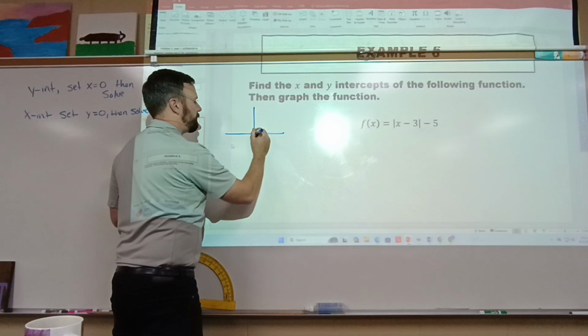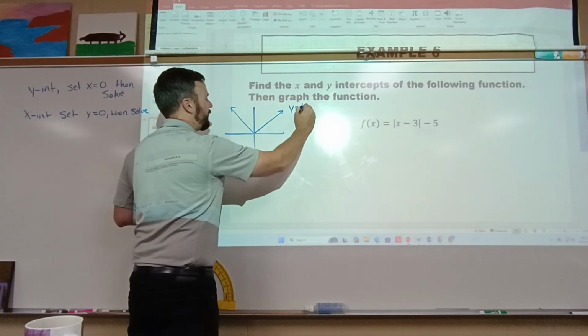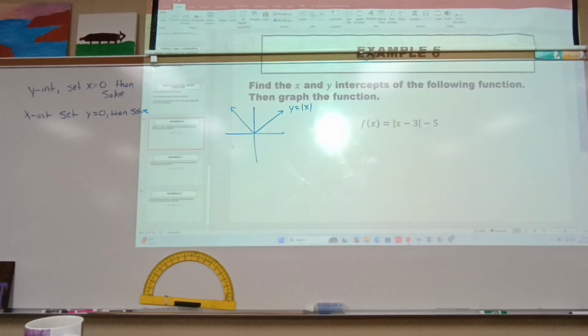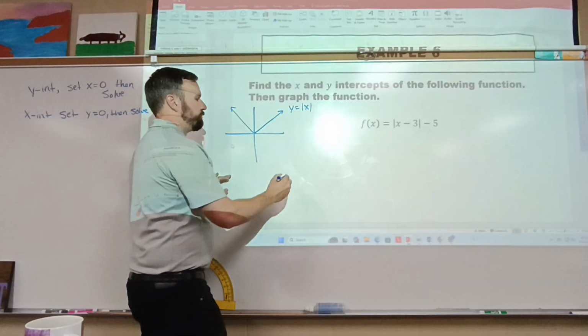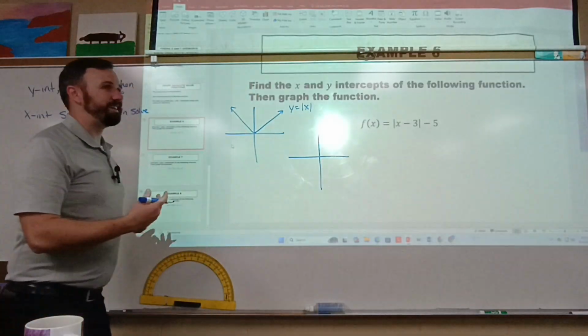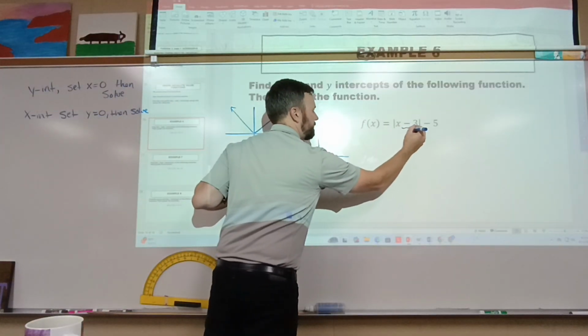Put in your memory bank that a normal y equals absolute value of x looks like a V, starting at 0, 0. If we wanted to quick sketch this, what's this minus 3 doing?